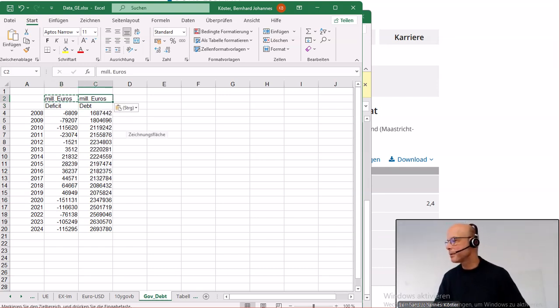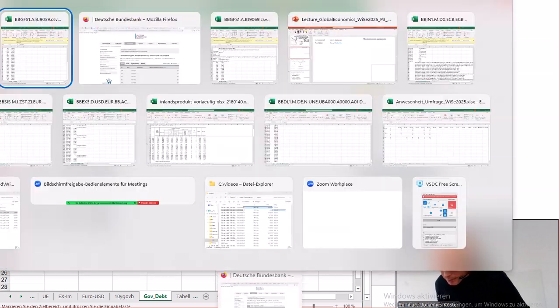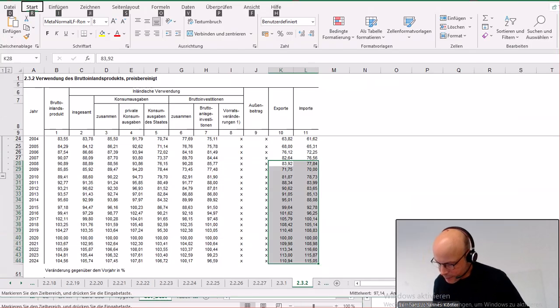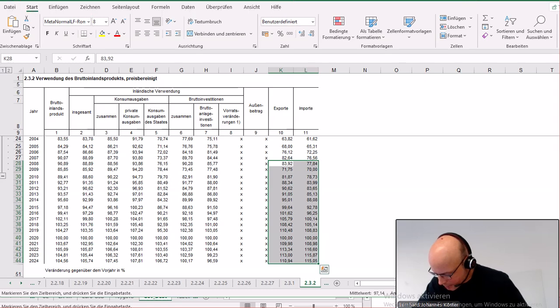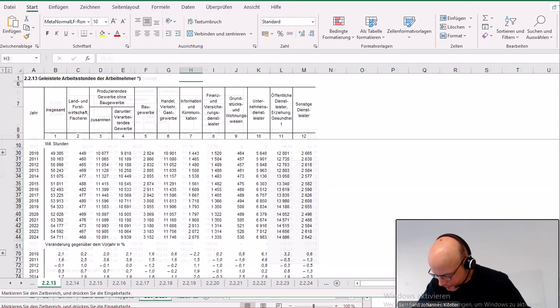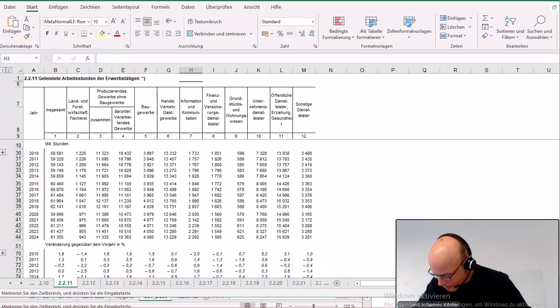And in this case, well, the absolute number is quite hard to interpret, what it means for the whole economy, and therefore you calculate the relative number with relation to the nominal GDP. And I think here I find the nominal GDP.